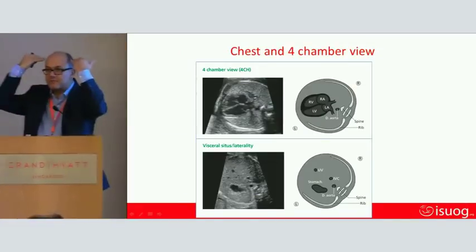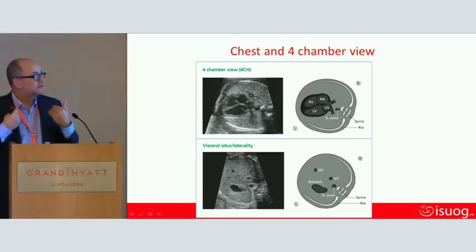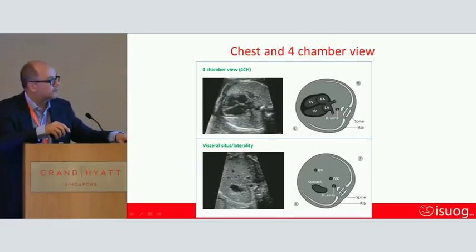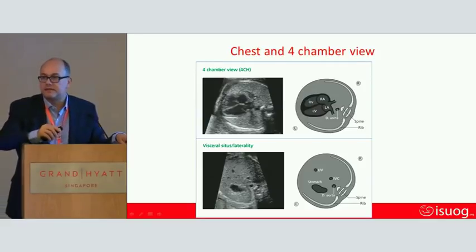Okay, we travel down the baby. We've done the head, we come down to the chest, and this important view is the four-chamber view. And this is what I was talking about before. We know this is the left side of the baby. There's a stomach, and just above the stomach is the heart. Okay? So stomach on the left, heart on the left.